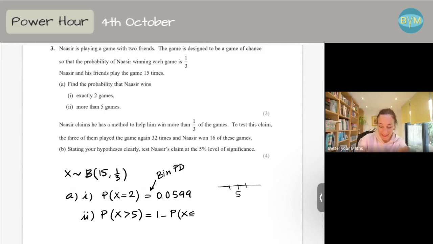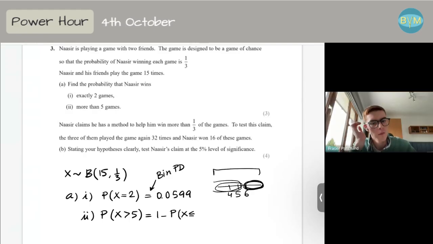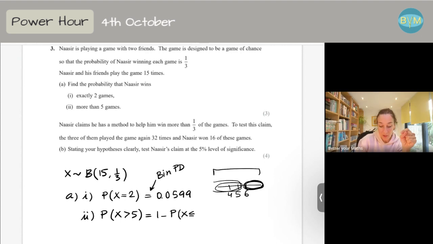Okay, let's think. I need the probability that is greater than 5, which is 6 and above. So I'm going to do 1 minus the rest. So what am I going to write? You tell me. 1 minus the probability of x being less than or equal to 6. No, because if I want greater than 5, that means 6 and more. If I'm doing the 1 minus, I have to do 1 minus the other bit, and the other bit is up to 5.